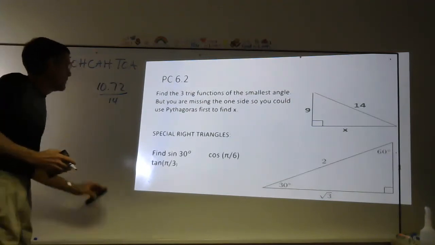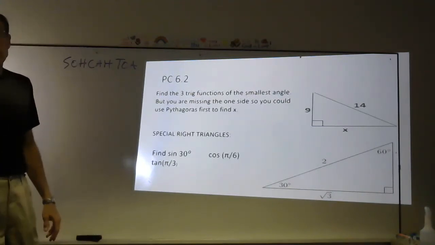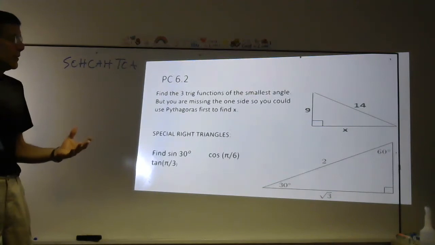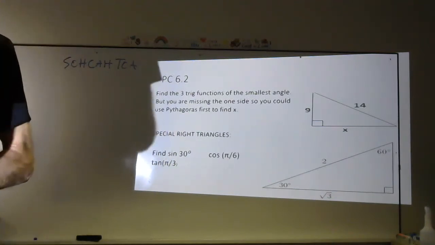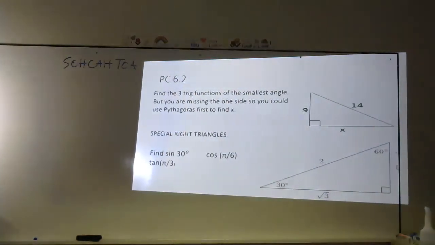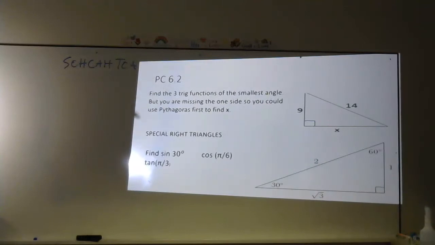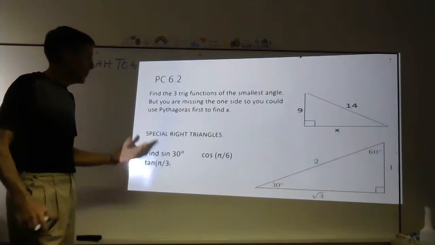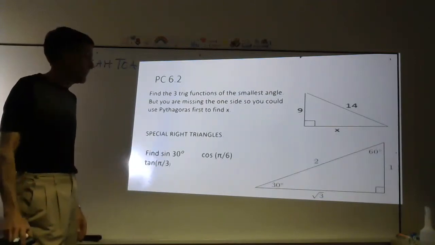Okay, special right triangles. There are 2 of them. The only thing that's really special about these is if you learn these sides, then they are remarkably easy to do problems with, okay? For instance, the sine of 30. You can punch in the sine of 30 on a calculator. I will talk more about that in a second.